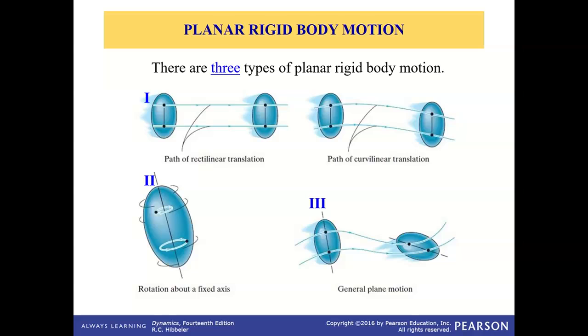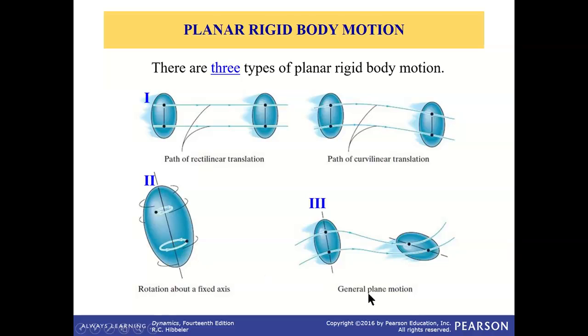So, so far we have studied that there are three types of planar rigid body motion. Translation. Further, translation can be divided into two categories: rectilinear translation along a straight line and curvilinear translation along a curved path. The second type of motion is rotation about a fixed axis, and the velocity and acceleration of the points on the body depend on their distance from the axis of rotation.